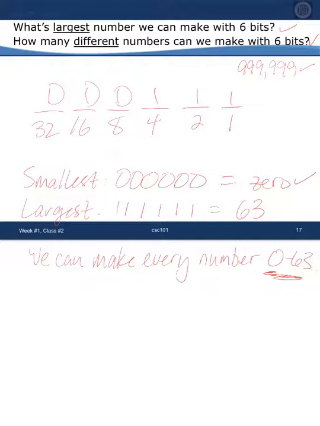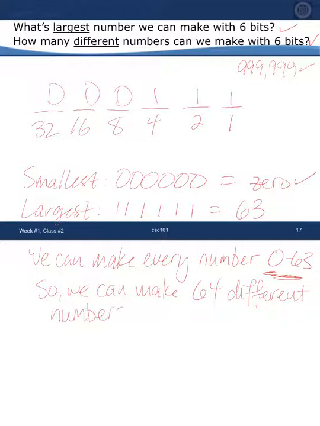So we can actually make 64 different numbers. Or these numbers are sort of codes. Then I could make 64 different codes, you might say, with 6 bits of memory.